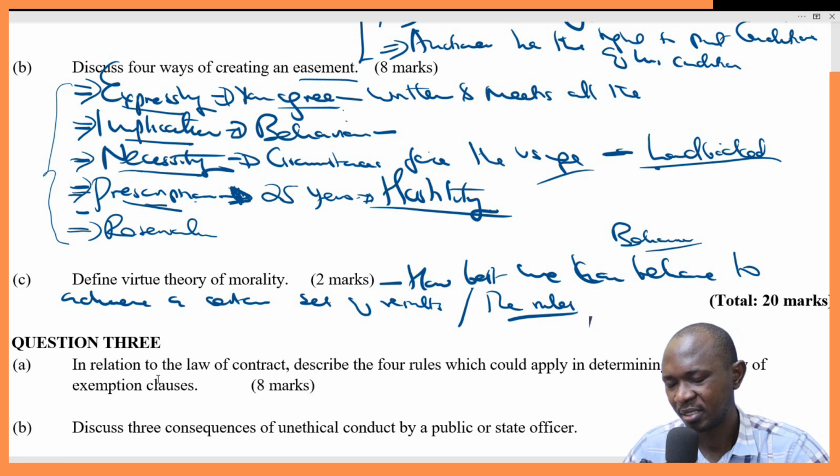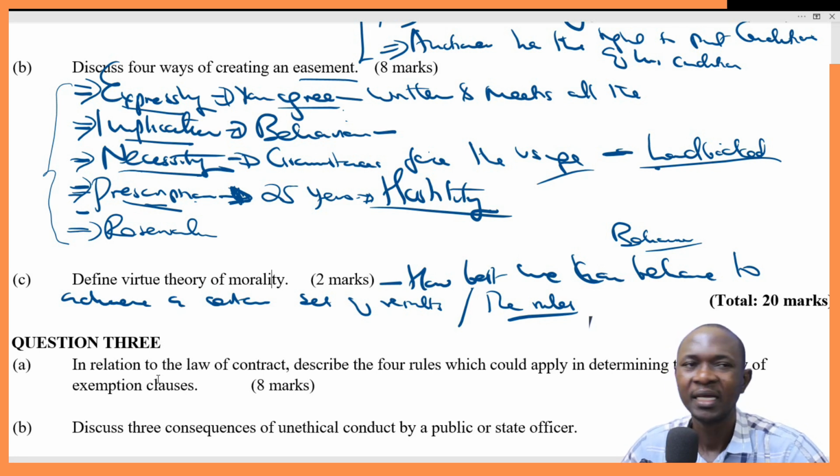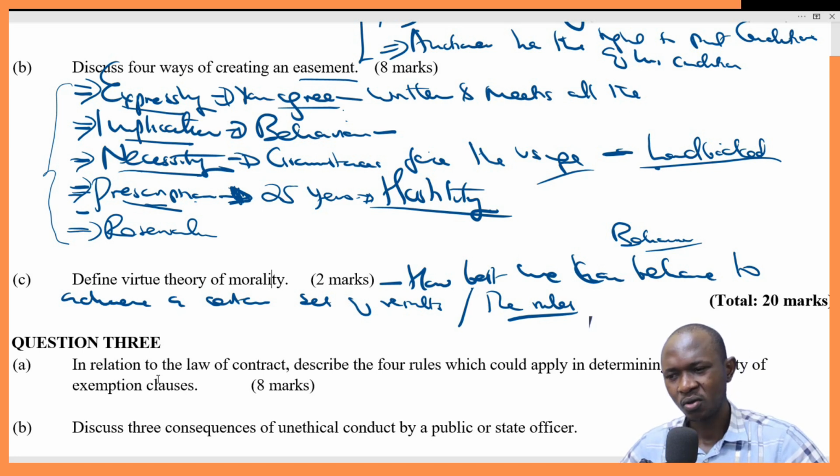The opposite of virtue is vice, and vices are negative character traits like greed, dishonesty, impatience, corruption. So virtue theory simply tells us to look at our character and behave accordingly, in a manner that will help us get the best results.